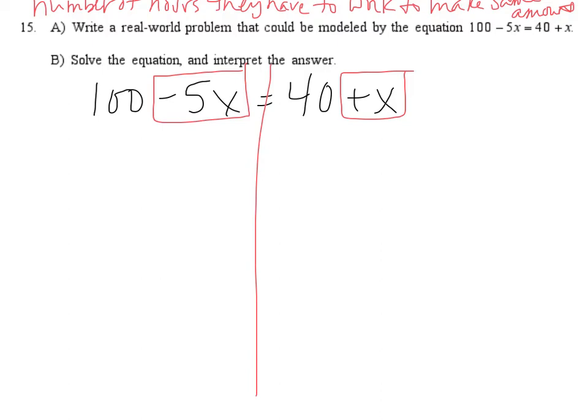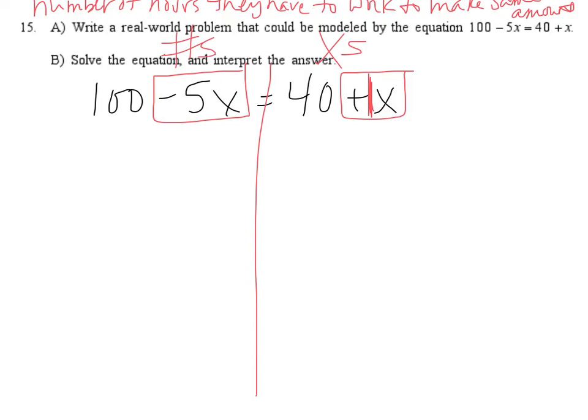I need to combine my like terms. So in order to combine them, I'm going to have to move one to the other side of the equal sign. So I like to see which of these is bigger. This is actually bigger even though this is a 1x because it's a positive 1x, which is bigger than a negative 5x. So I'm going to put my x's over here and my numbers over here.